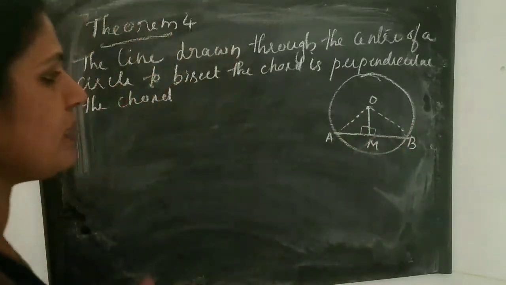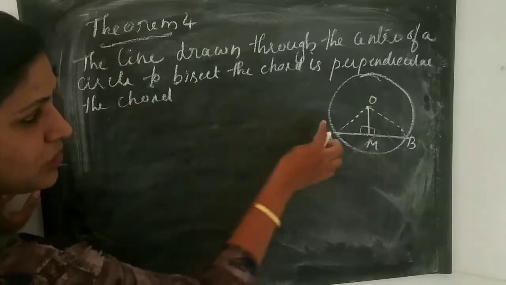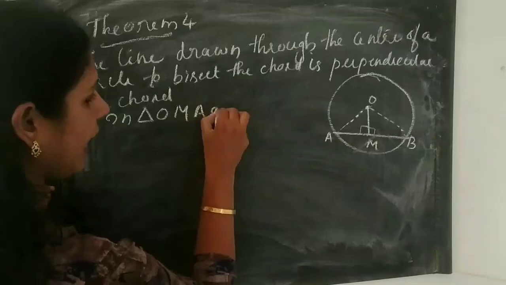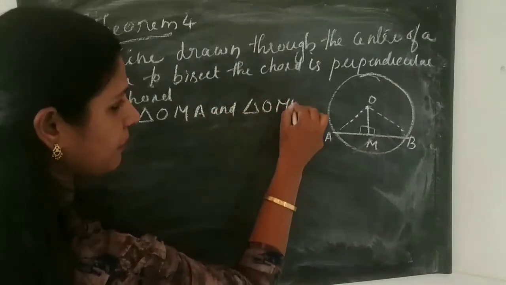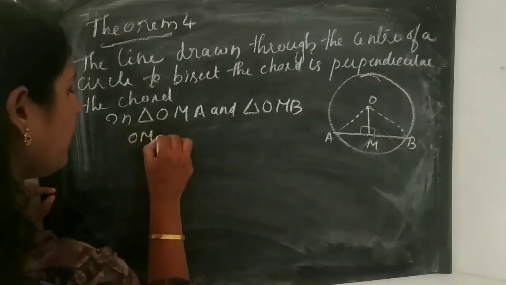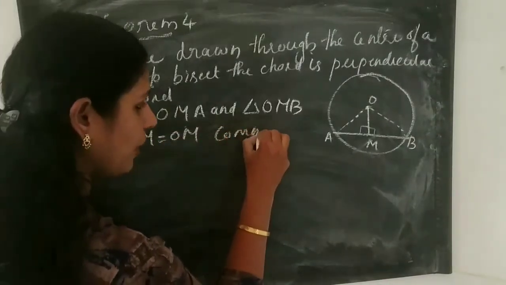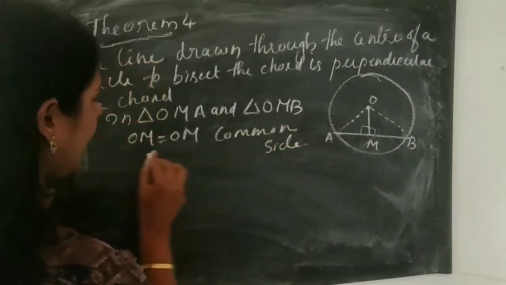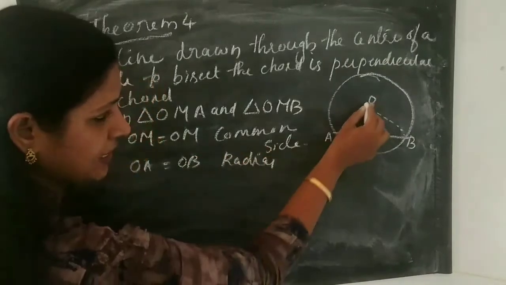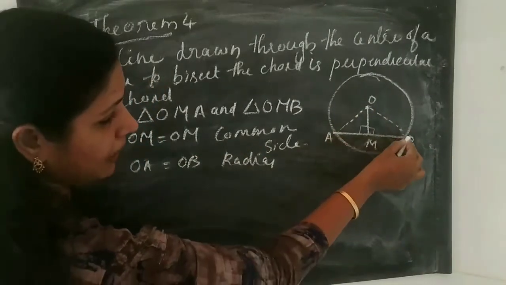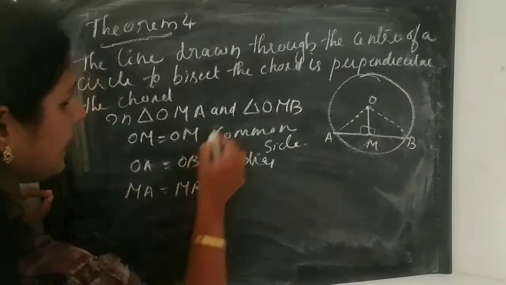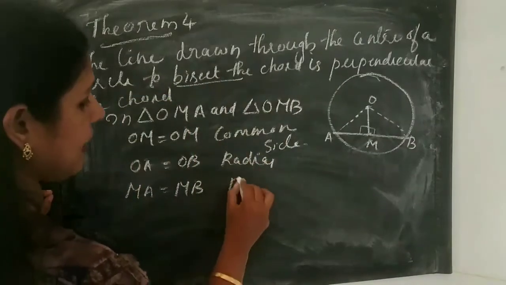So in triangle OMA and triangle OMB, OM equal to OM is the common side, and OA equal to OB are radii, and MA equal to MB because M is the bisector.